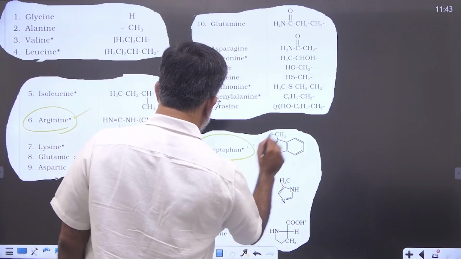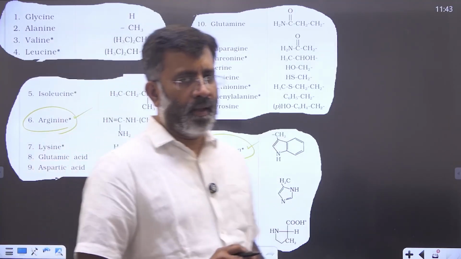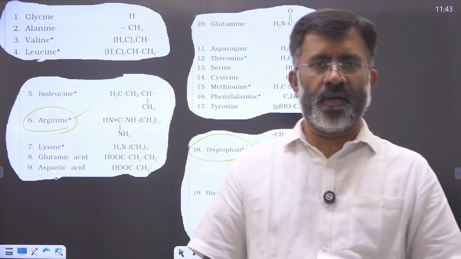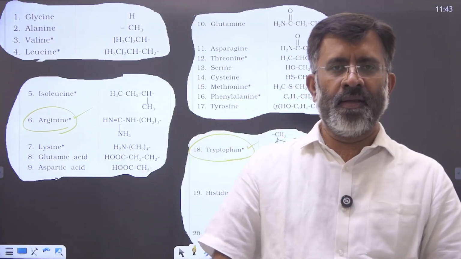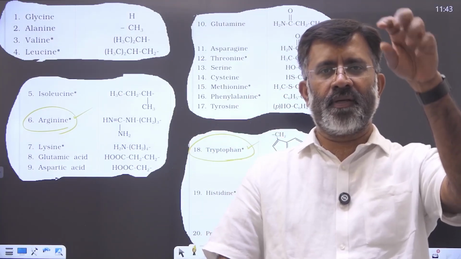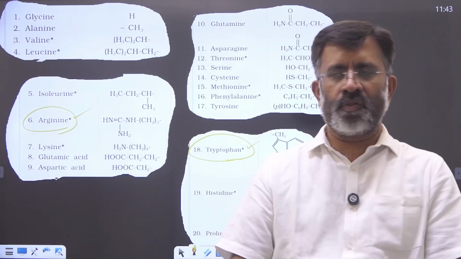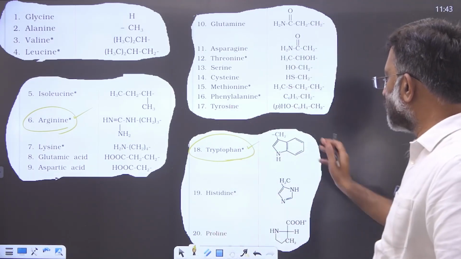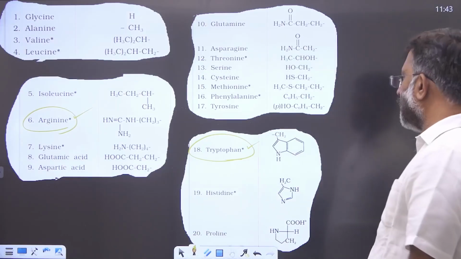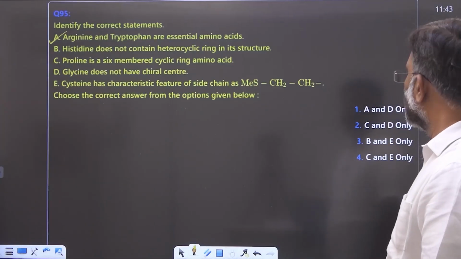Tryptophan is also an essential amino acid. I am sure everybody has seen the table in the NCERT. This is from the table of NCERT. There is an asterisk, a star mark given for identifying essential amino acids. So arginine and tryptophan are essential amino acids, no doubt.